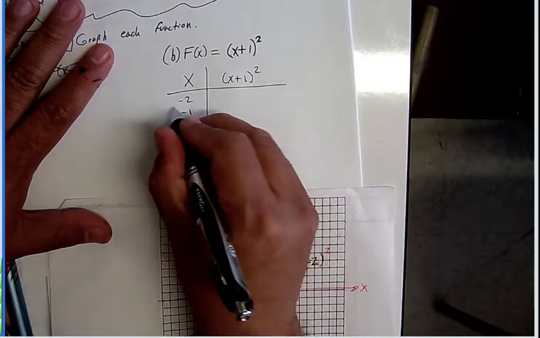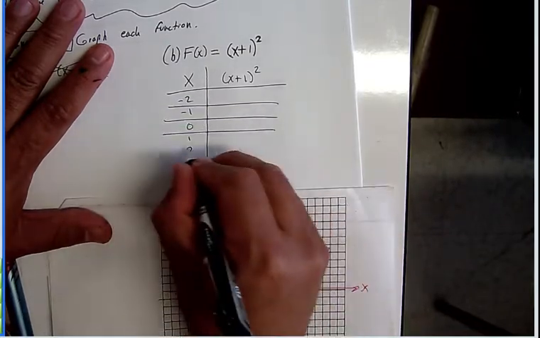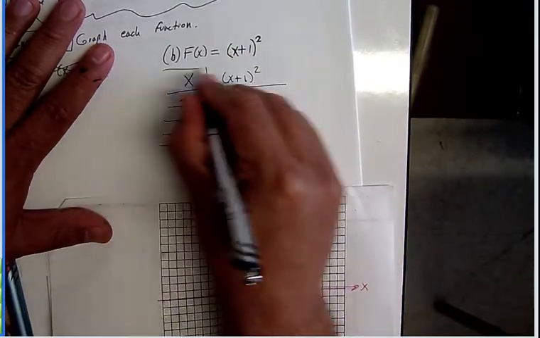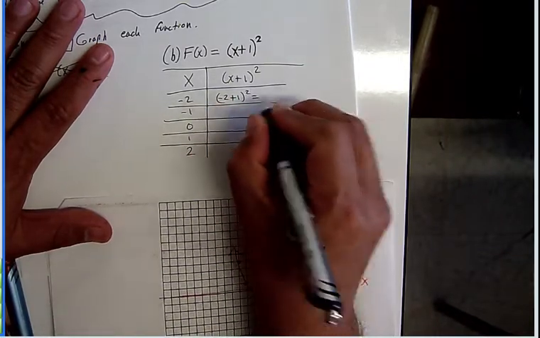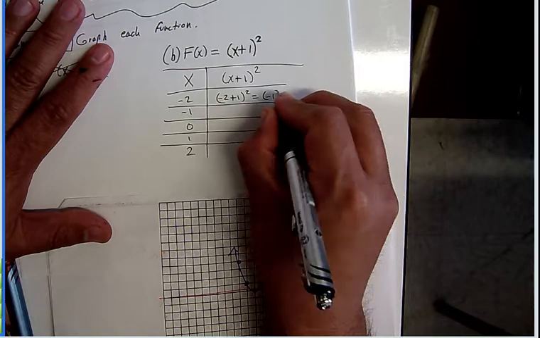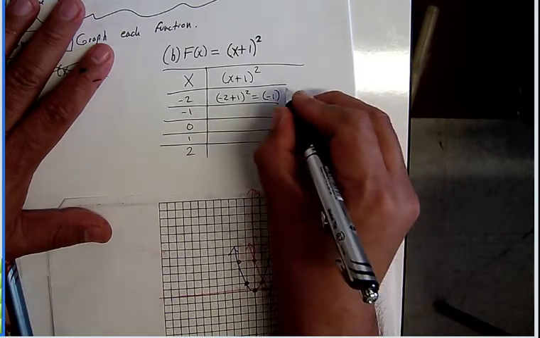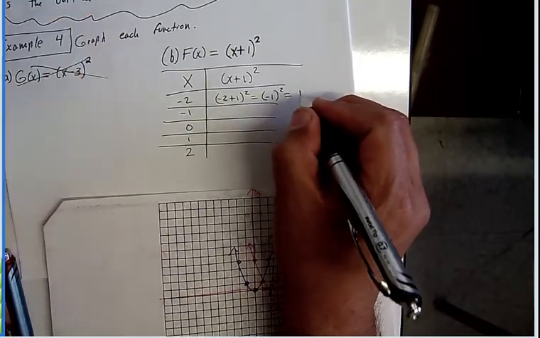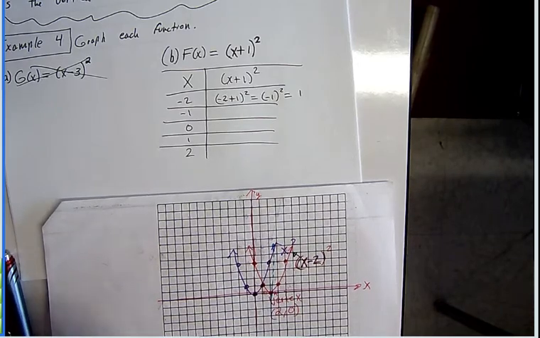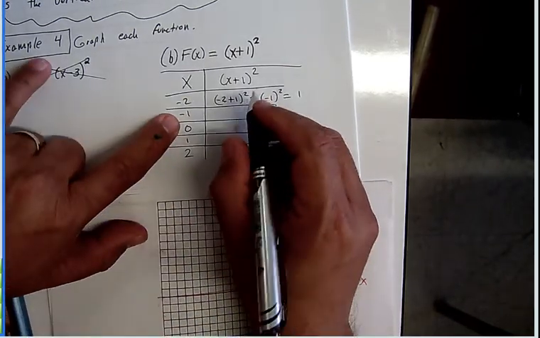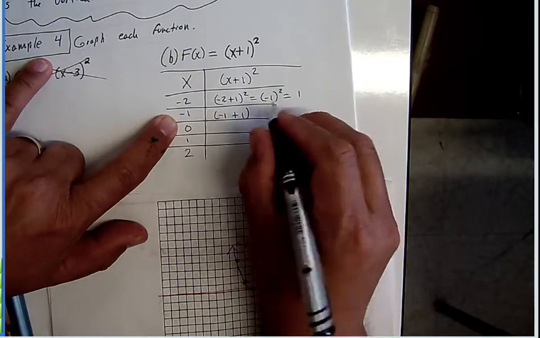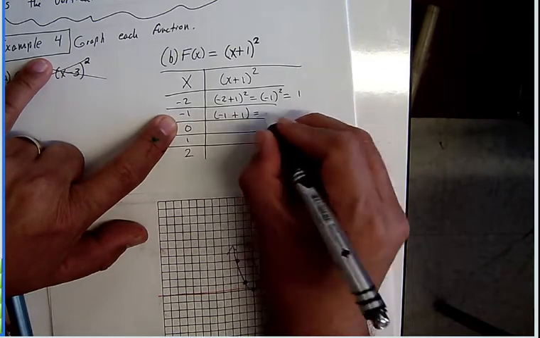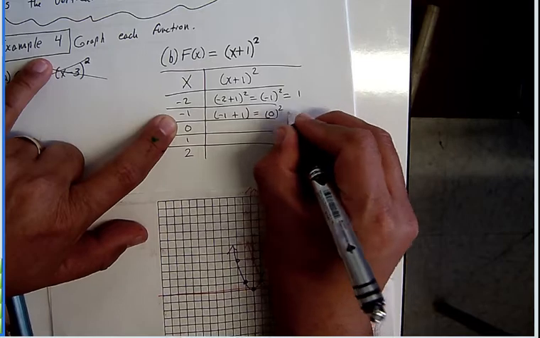And then I'm gonna substitute them in here. So -2 plus 1 squared gives me -1 squared, which equals 1. This one is -1 plus 1 would equal 0 squared, which gives me 0.